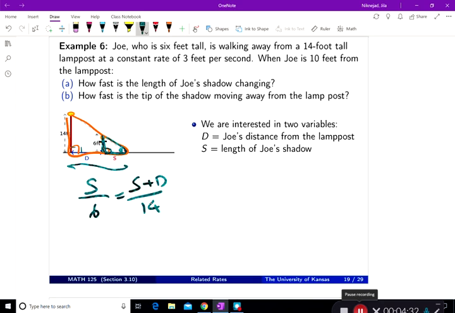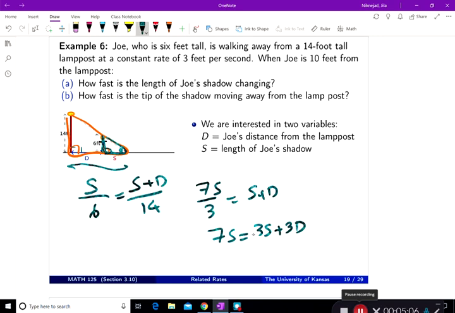Then I can simplify this a little bit. Let's multiply both sides by 14, and then I get 7S over 3 is equal to S plus D. I can also multiply by 3 and get 7S is equal to 3S plus 3D.